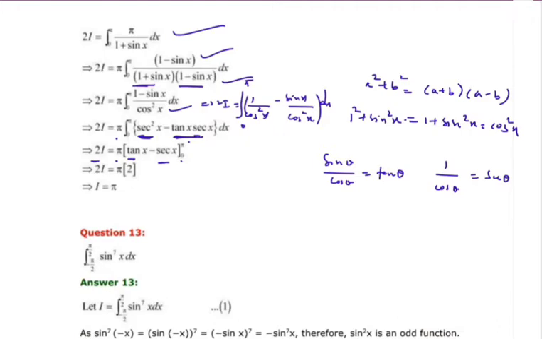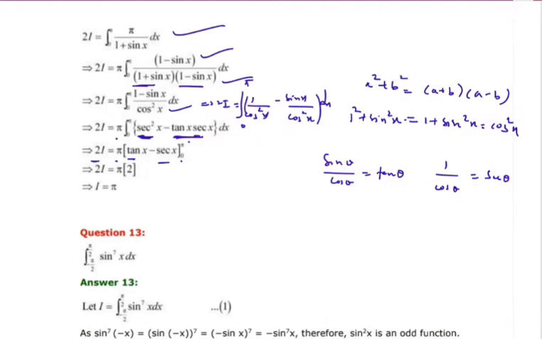What we get here: tan x minus sec x, the values of tan pi and sec pi. Let's see the value here. 2I equals tan pi is 0, sec pi is minus 1, so it becomes 1 plus 1, which is 2.